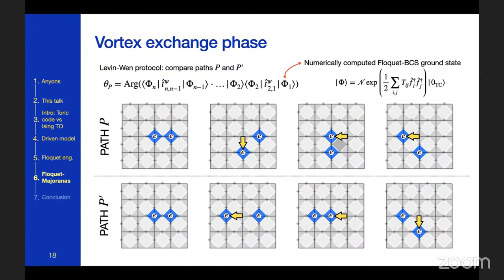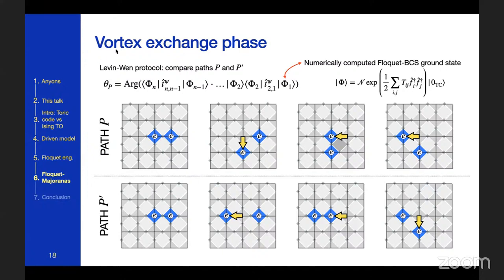So in practice, this means for my system on the torus, if I choose anti-periodic boundary conditions on both directions, or only one direction, then in the two cases I create two vortices, and their exchange should depend on this topological sector.